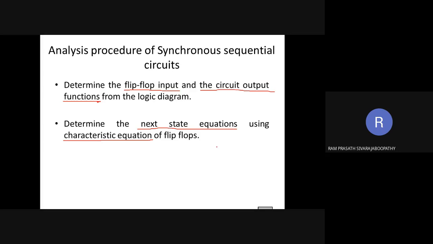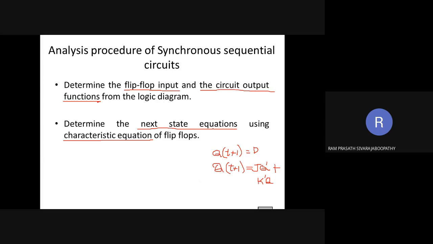For the T flip-flop we have studied, what is Q of t plus 1 equal to? For the D flip-flop, Q of t plus 1 equals D. Similarly for the JK flip-flop, Q of t plus 1 is equal to J Q bar plus K bar Q. Do you remember these things? Yes or no?